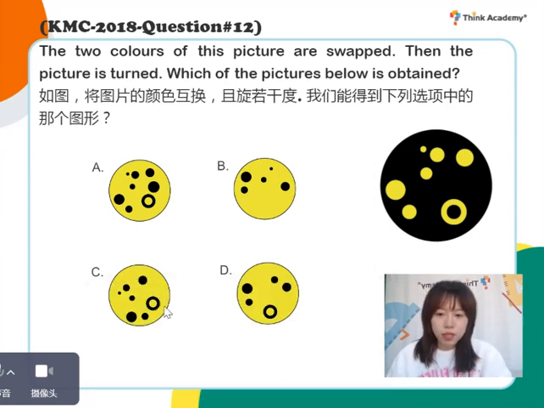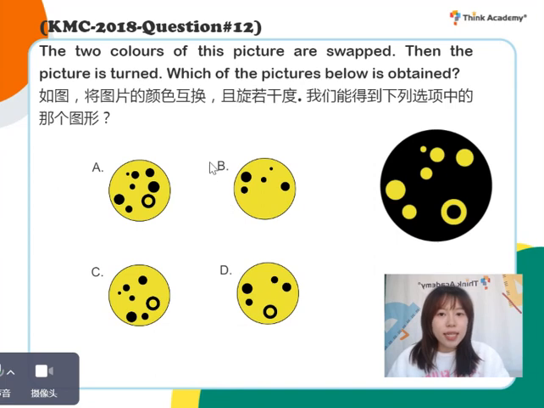Let's observe these options. First, we can find a special circle. Here, you can find this one is different. It's like a yellow rain. And when the colors are swapped, it's going to be a black rain.